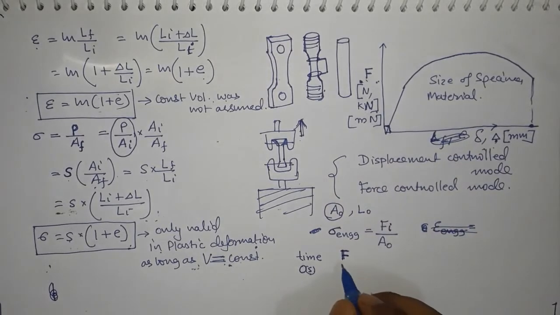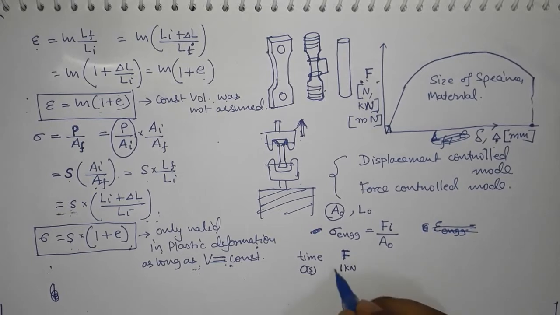Okay, so let's say you applied 1 kilonewton on a steel specimen. For a steel specimen of significant diameter, this amount of force is insignificant, right? So you applied this much force and your displacement was 0. Okay, so you started with 0 displacement.